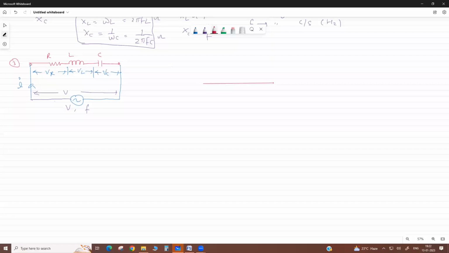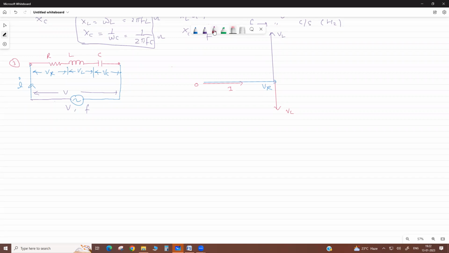This is your current in the circuit, let us take it as reference. Due to this current, the drop in resistance is in phase with current. Now the drop in inductance is positive, meaning upward. It is VL. The drop in capacitor due to current is downside, negative. It is VC.